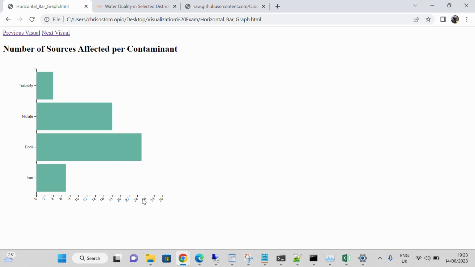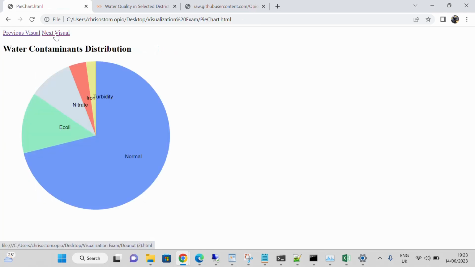Then E. coli had like 25 water sources affected, and iron had like 7. So this graph comes in handy to represent to us the effect of these contaminants, basing on the research made.